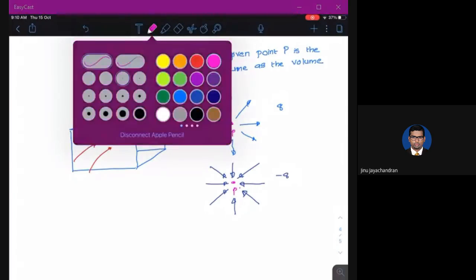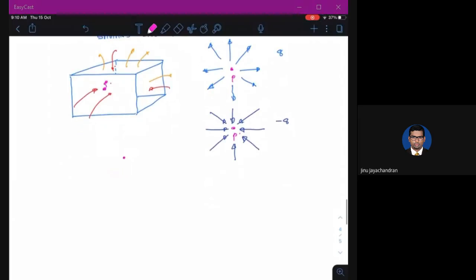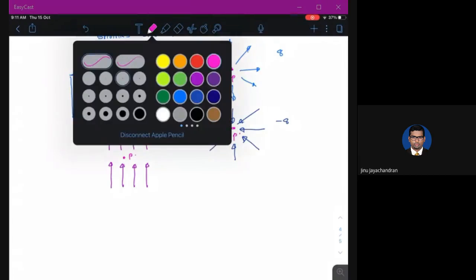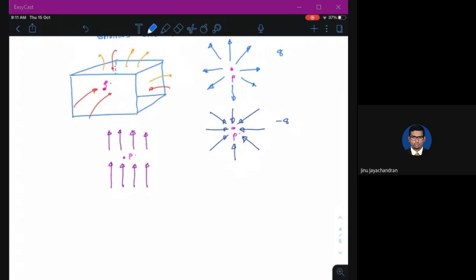And let's consider one more situation. Here, if you consider the point P, you see that there are 4 flux lines coming to P, and there are 4 flux lines going out of P, which means your divergence is 0 because the net outward flux is 0. Okay, so this is called divergence.